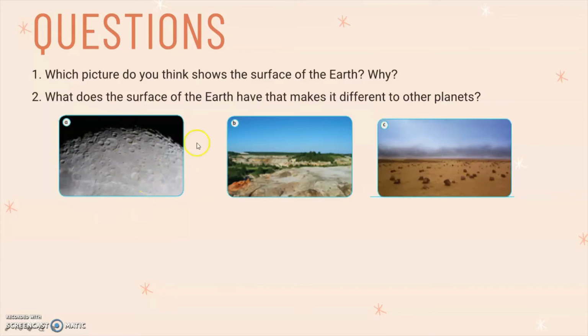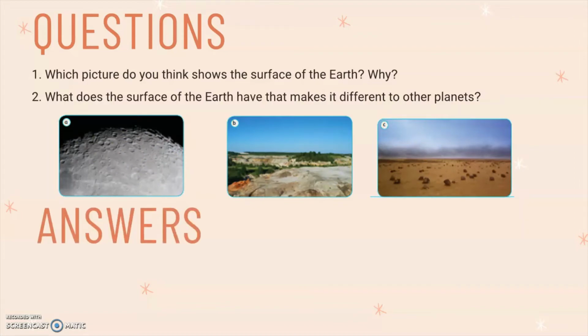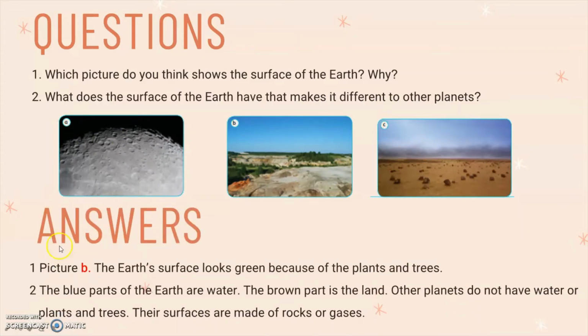Now, which one? A, B, or C? Okay, good. Answer, number 1: B, because the Earth's surface looks green because of the plants and trees. And then, what does the surface of the Earth have that makes it different to other planets?